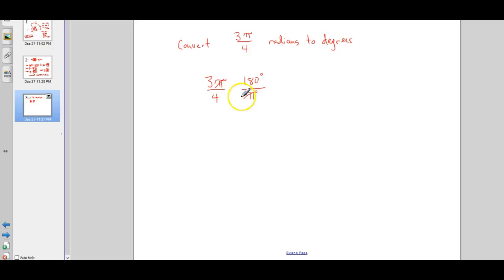Technically this is radians, and this is pi radians, so the radians cancel, not just the pi's, and we end up in degree measure.